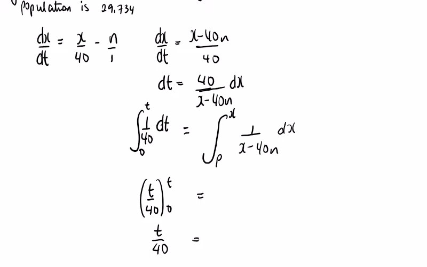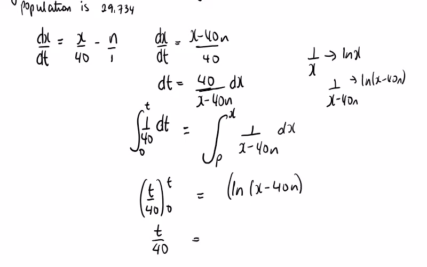So that's equal to, 1 over x goes to the natural log of x when we integrate. So 1 over (x minus 40n) is going to go to the natural log of (x minus 40n). So we're going to get the natural log of (x minus 40n) between x and p, and we put our x and our p in for x, as we're integrating with respect to x.